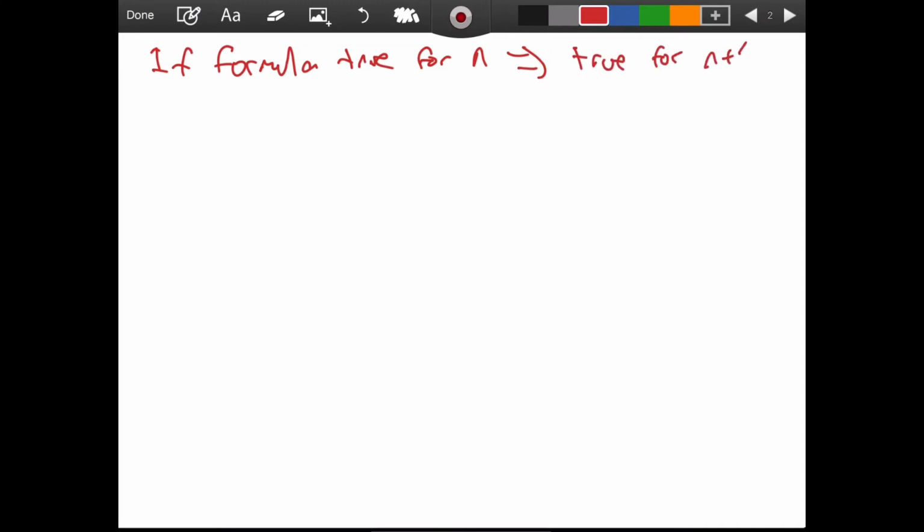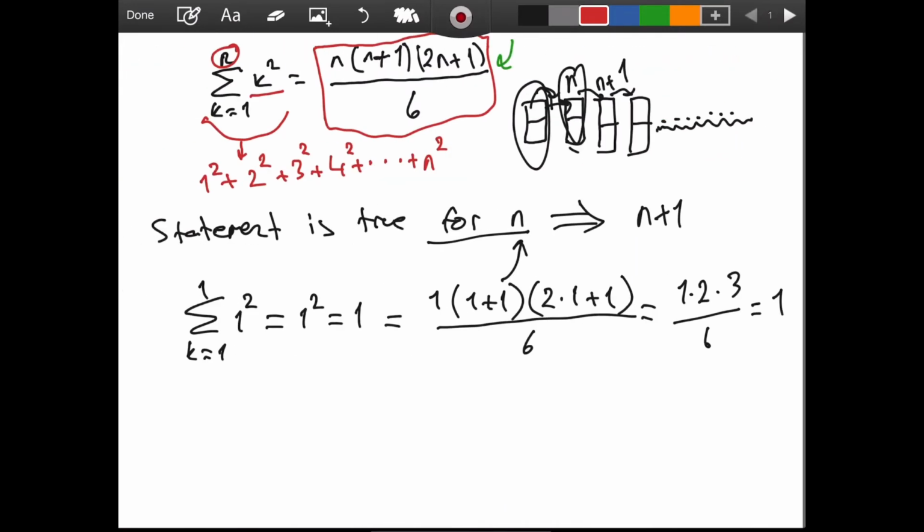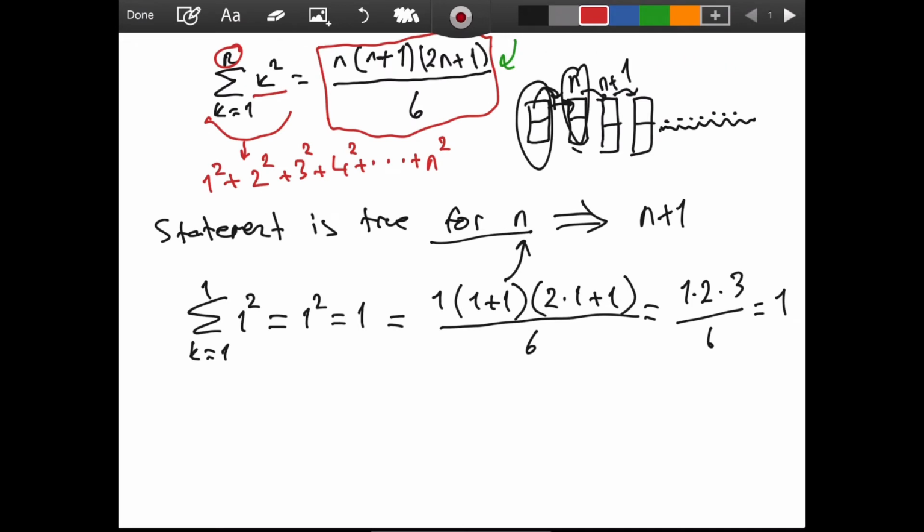Which means if the formula is true for n, we can say that the sum where k starts at 1 and goes up to n plus 1, and we are adding k squared, should be equal to, by the formula, n plus 1. And notice I am just writing n plus 1 instead of n, right? We had n here, and now I am writing n plus 1.